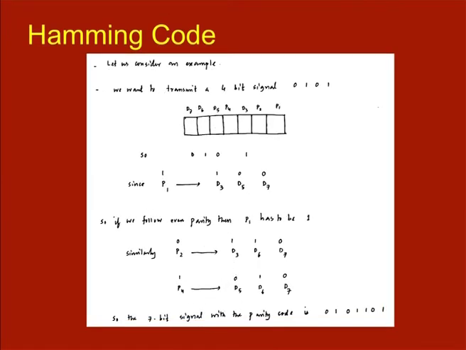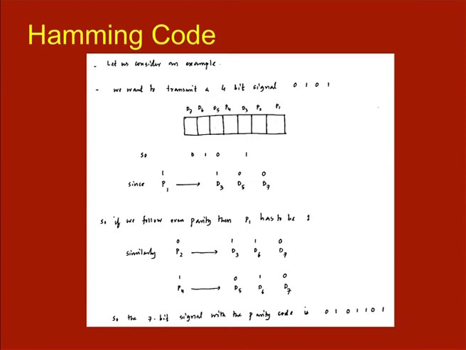So, let us try to understand this by using the following example. We want to transmit a 4-bit data signal, that is 0, 1, 0, 1, and because this has to be at least a 7-bit signal to send with the parity bits, we need to find out what P1, P2 and P4 should be. So, here D7, D6, D5 and D3 are 0, 1, 0, 1.